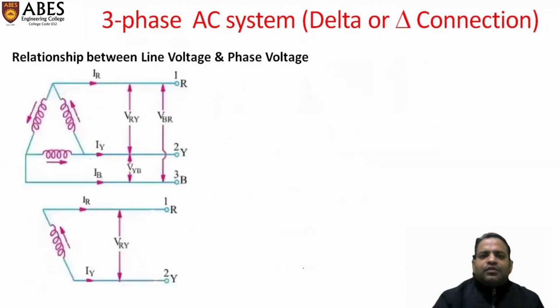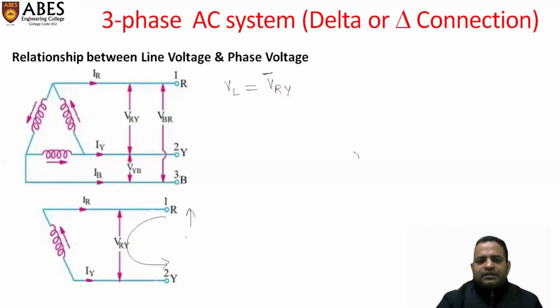Now, first of all, we are talking about the line voltages, that is VL, either VRY, VYB, and VBR. So we are discussing here only VRY. If we are making R to Y, this is our line voltage, and to make a line voltage in delta, only one phase is used.